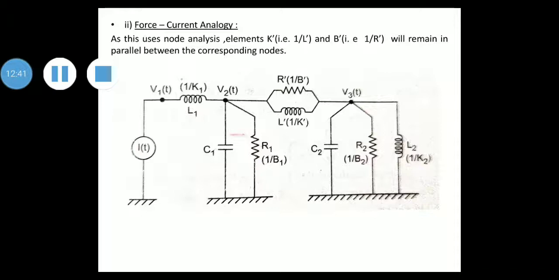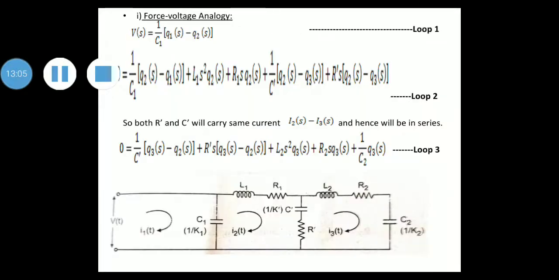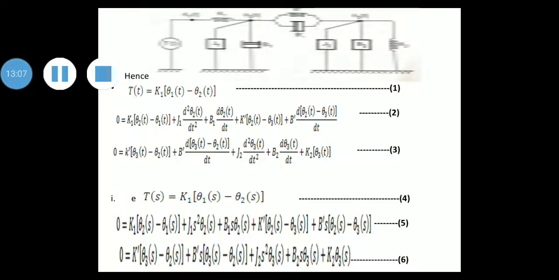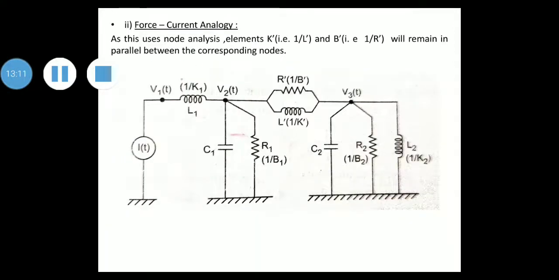Next, force current analogy. Whatever circuit has been obtained by replacing analogous elements in the equivalent system drawn, we use this node analysis. Elements K dash, that is 1 by L dash, and B dash, 1 by R dash, will remain in parallel between the corresponding nodes. So this equivalent will remain the same, but we have to replace with electrical quantities.